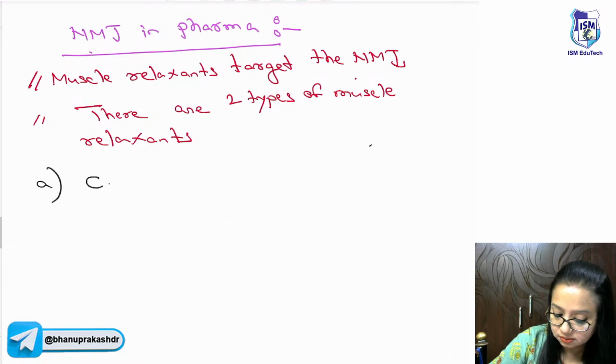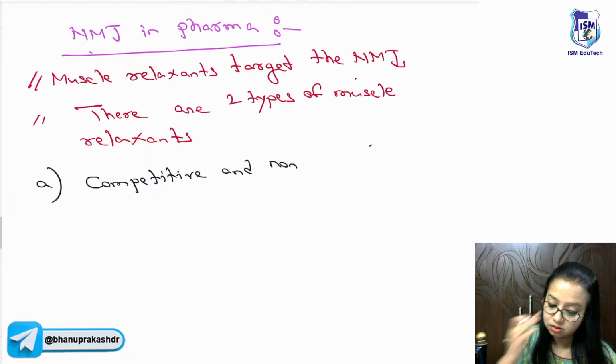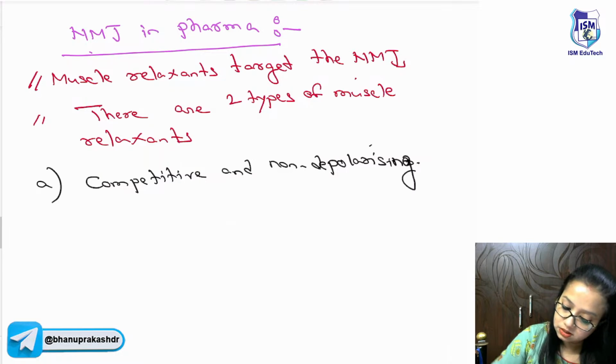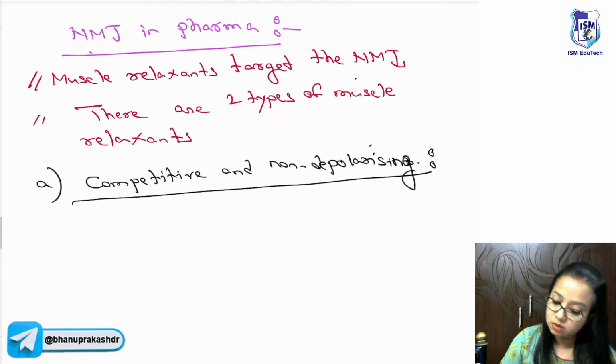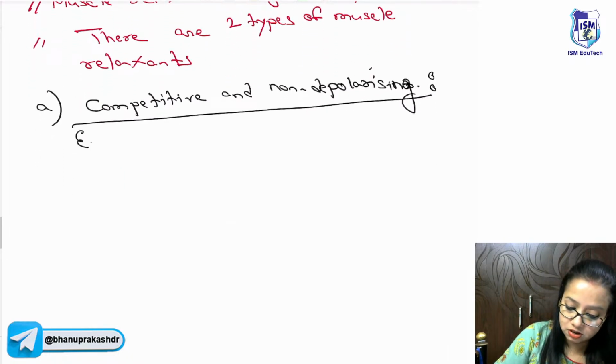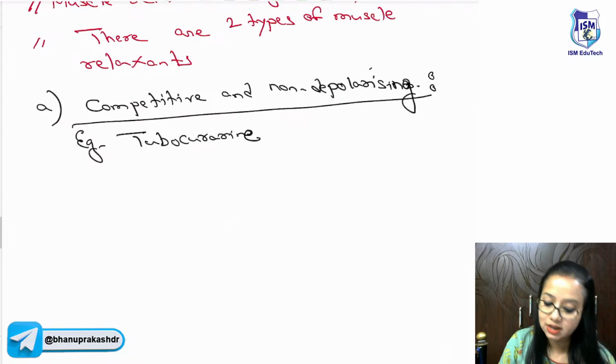One is the competitive and non-depolarizing type, for example, tubocurarine. This is a type of non-depolarizing muscle relaxant.